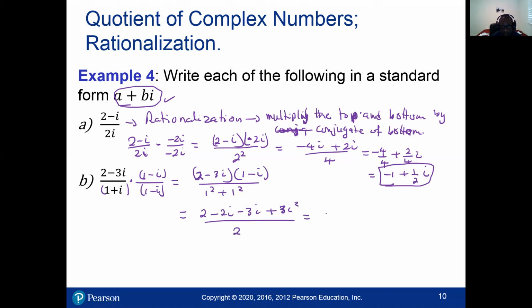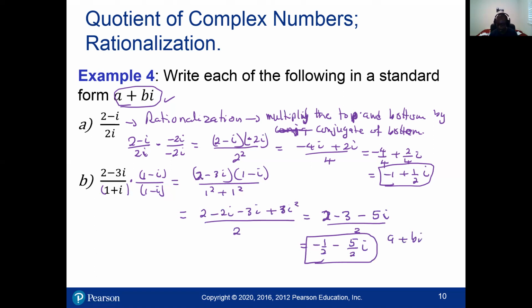And 3I squared is the same as minus 3. So that is 2 minus 3, and then I have minus 5I, all divided by 2. So that gives us minus 1/2 and then minus 5 over 2 I. And that's my answer. It's in the form A plus BI.